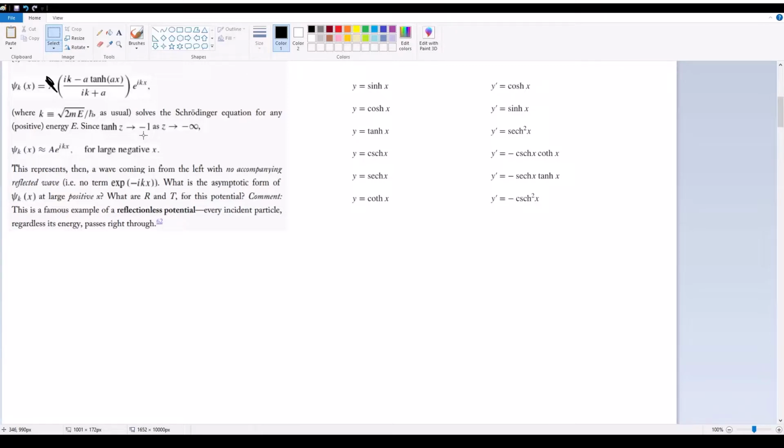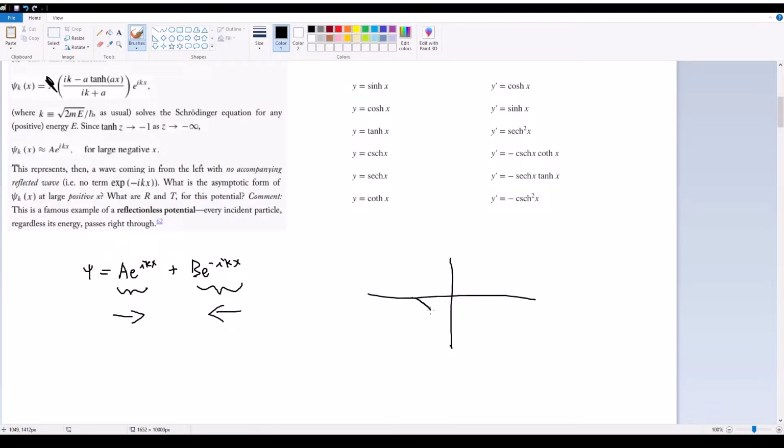Because remember, in general, for a free particle, the wave function is defined as A e to the ikx plus B e to the negative ikx, where this term is motion from the left coming to the right, and this term represents motion to the left coming from the right. So, evidently, at very large negative x, so when we're very far away to the left of this curvature, because remember, our well is an inverted bell function, right?